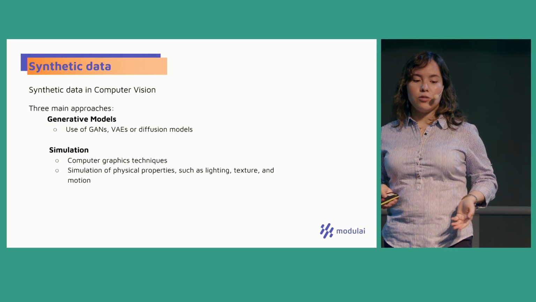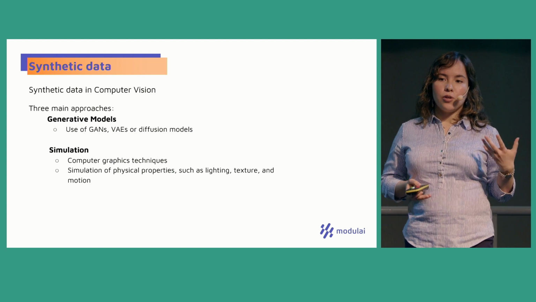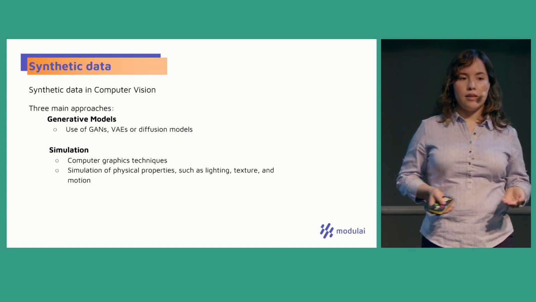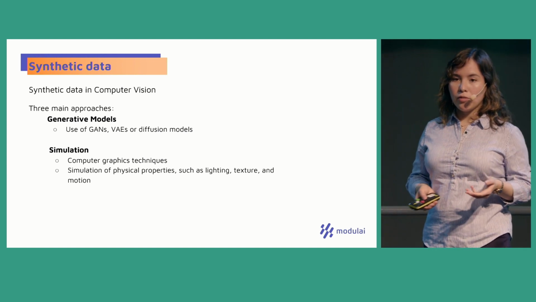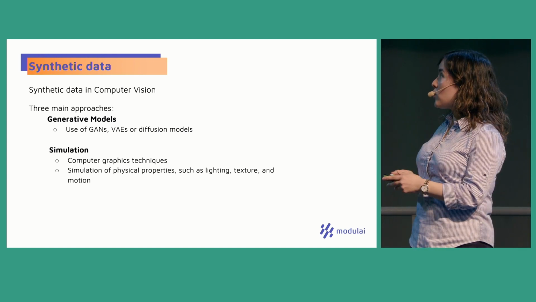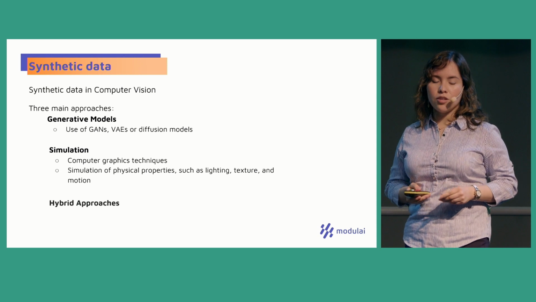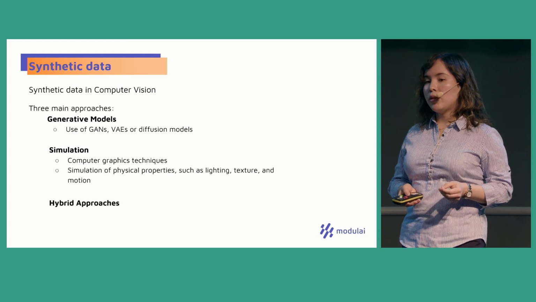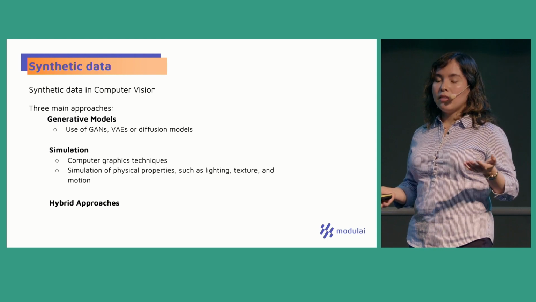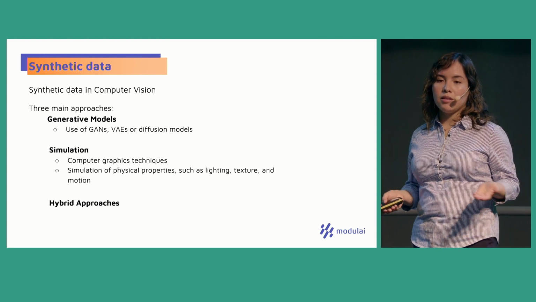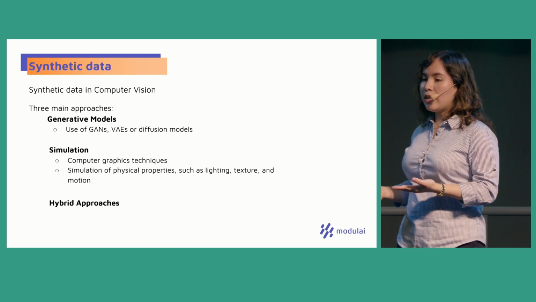These techniques allow us to simulate more physical properties. We can also change lighting, for example, texture, movement of an object. And there are also hybrid approaches, where one can, for example, use a generative model to create the main image and maybe go back and add some special lighting.